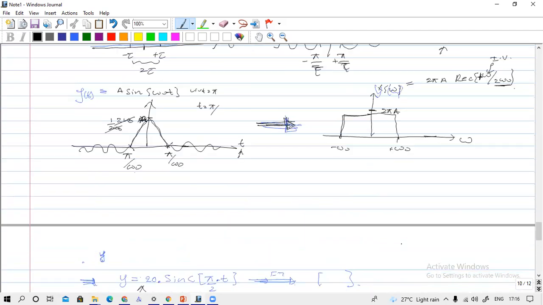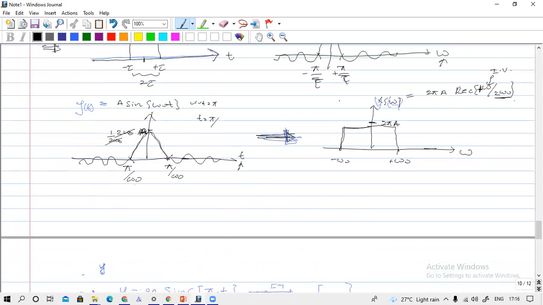One thing I forgot to tell you is that I asked you to put plus 5 here, and I draw it. If I draw the minus value, it is a time reversal. So this part's image will come to this side, and this part's image will come to this side.